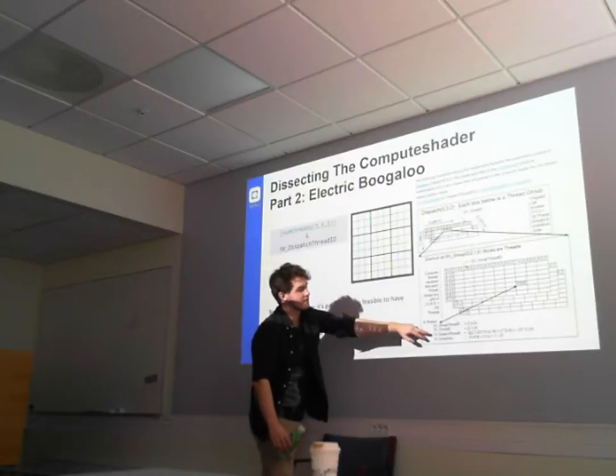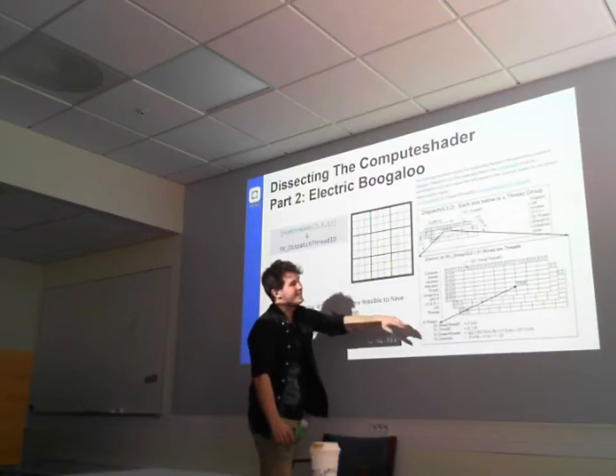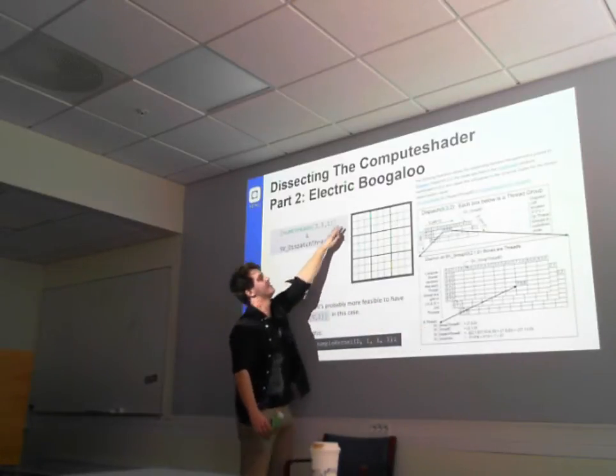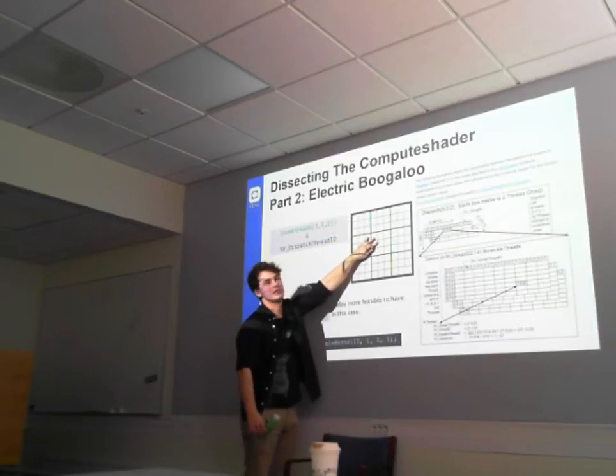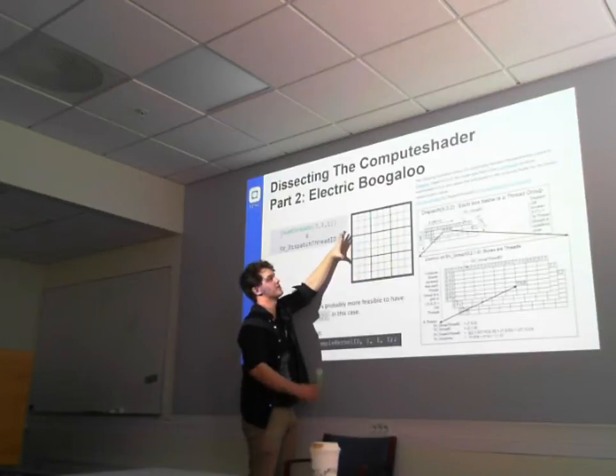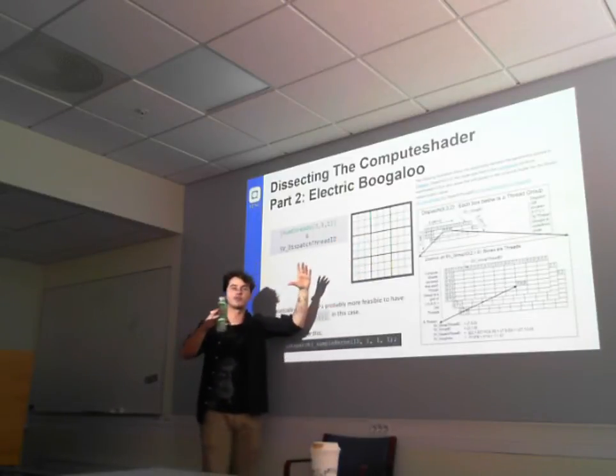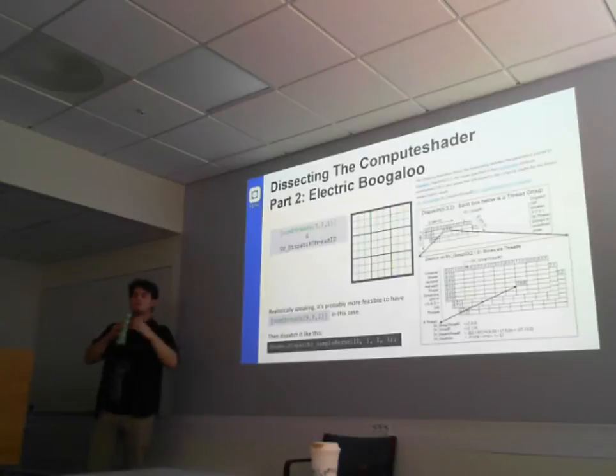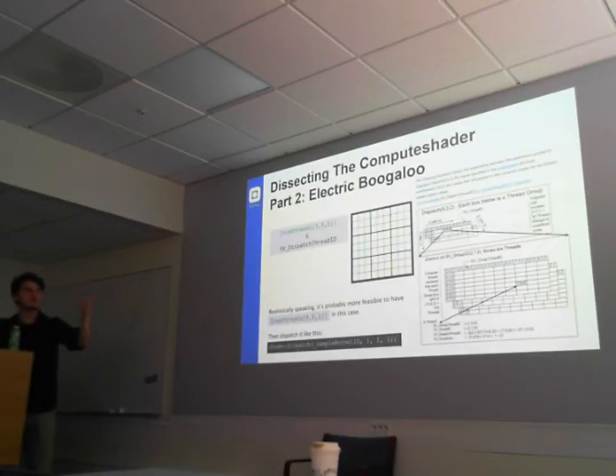So SV dispatch thread ID is basically an index to a specific thread, considering the whole execution of the thread. So it's across the different thread groups as well. And in textures, that makes a lot of sense because we need to specify that we're accessing this specific pixel as opposed to this specific pixel within the thread group.